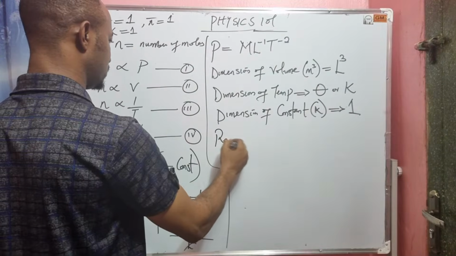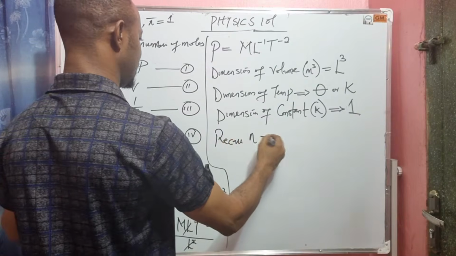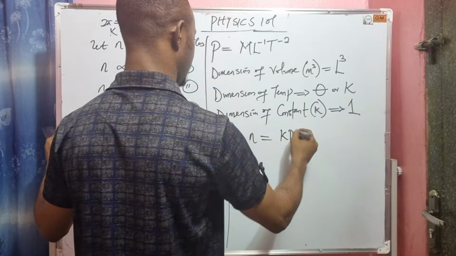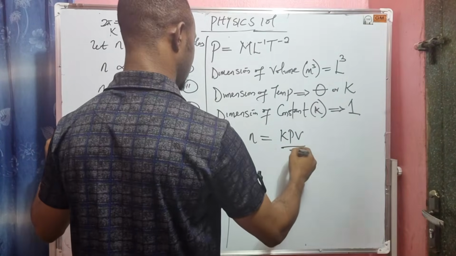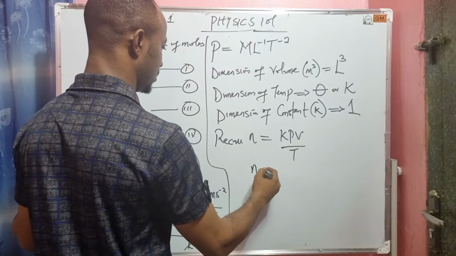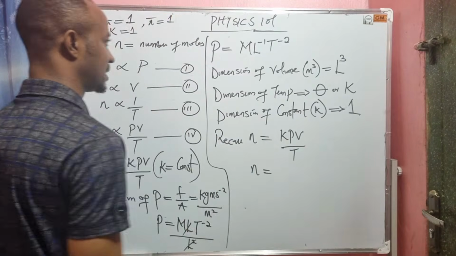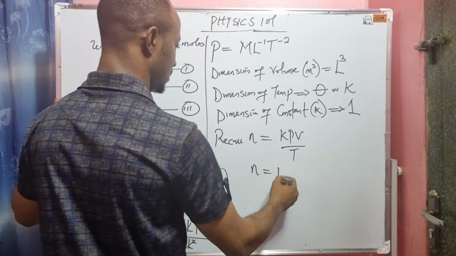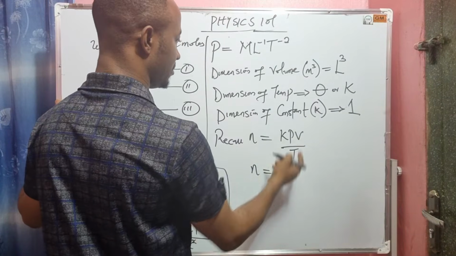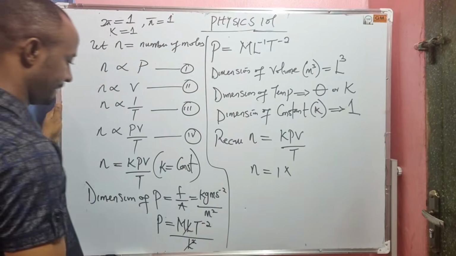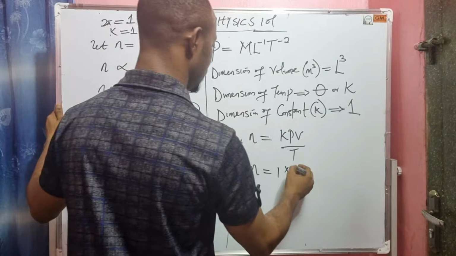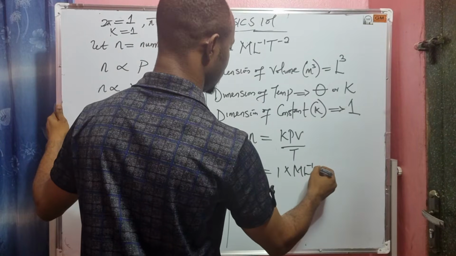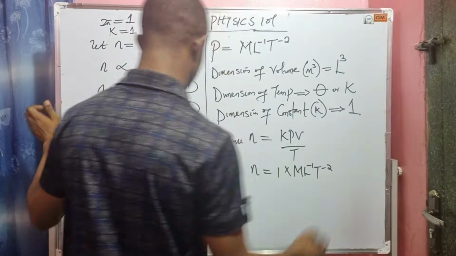Then recall that N is equal to KPV divided by T. So N, the number of moles: the dimension for constant K is 1 already, times our pressure. Our pressure is M L minus 1 T minus 2.